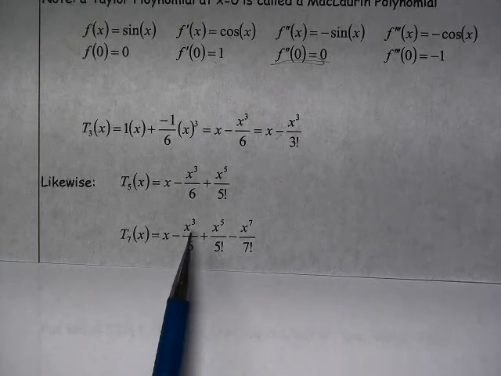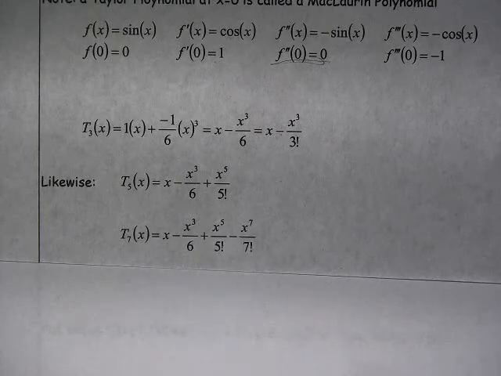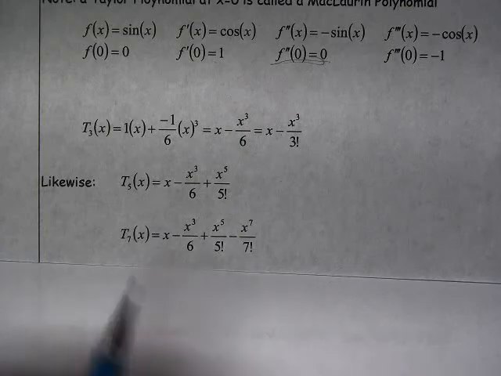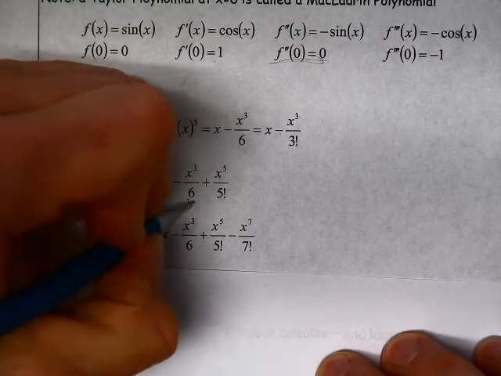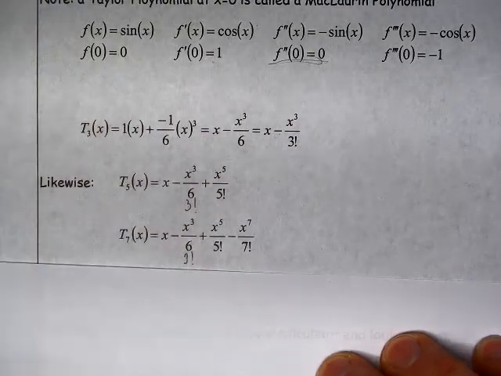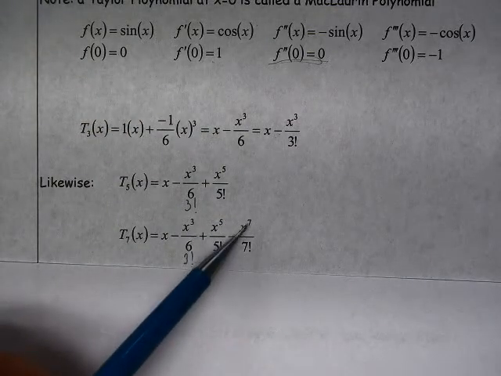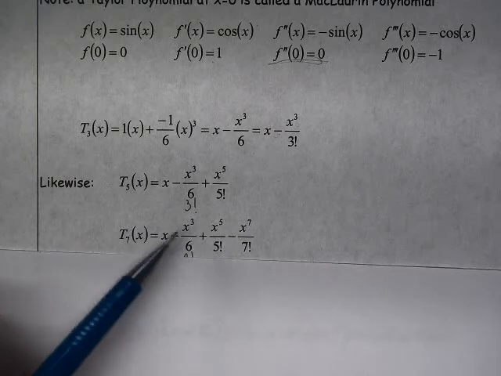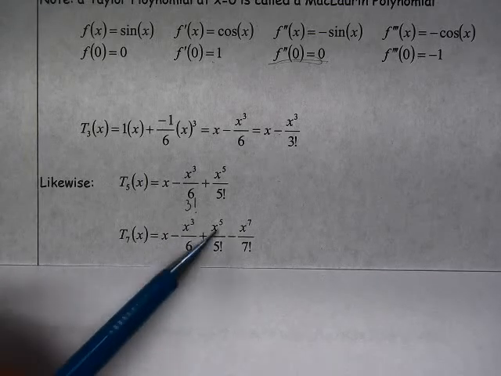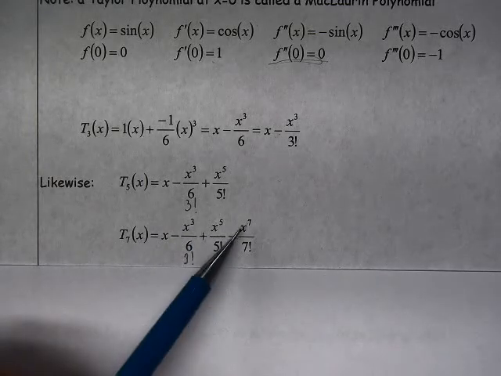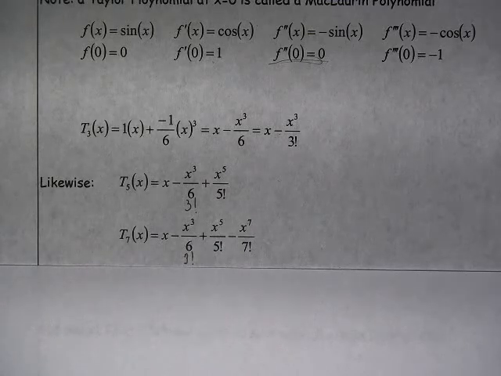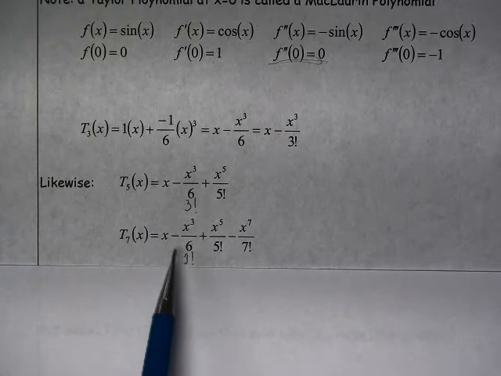So I have odd powers of x, and I have the factorials. This 6 is 3 factorial. So it's x cubed over 3 factorial, x to the 5th over 5 factorial, and then x to the 7th over 7 factorial, with alternating signs.